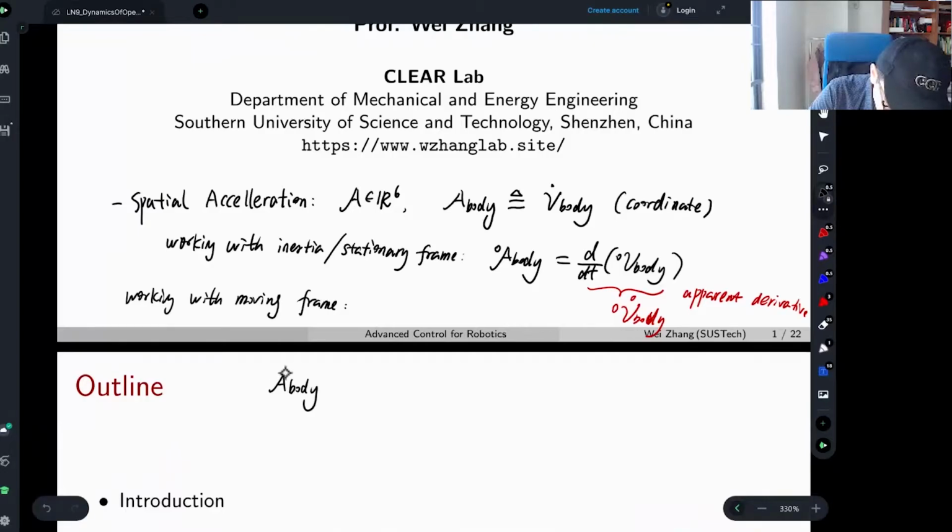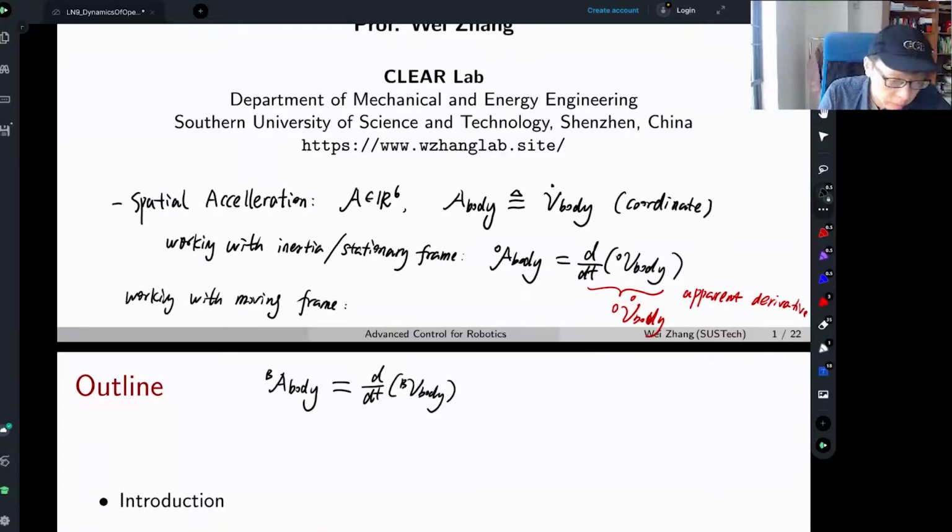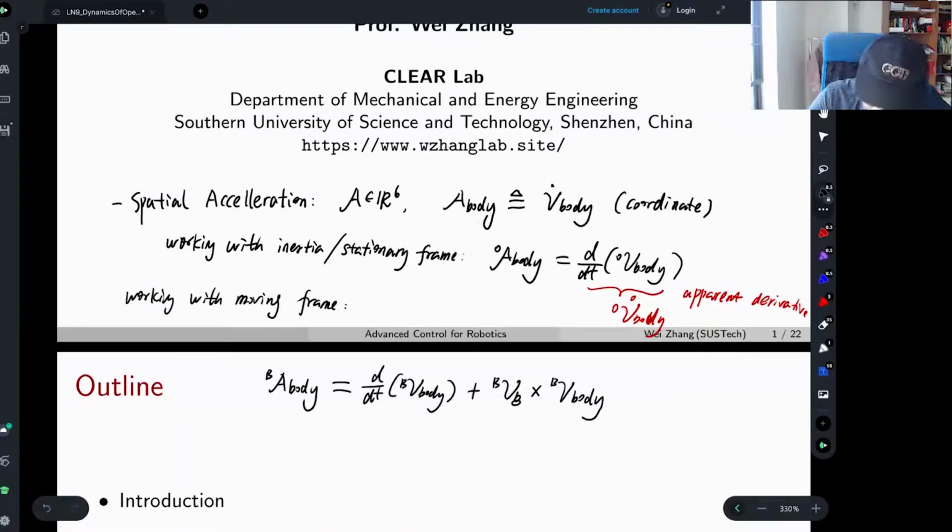In this case, the acceleration expressed in B is the apparent derivative of the body's velocity coordinates in B. If that coordinate is changing over time, of course you have acceleration. But even if the coordinates of the body in B do not change while B is changing, we will have other terms. The velocity of B also contributes to new motion, through the spatial cross product, with V body in B.